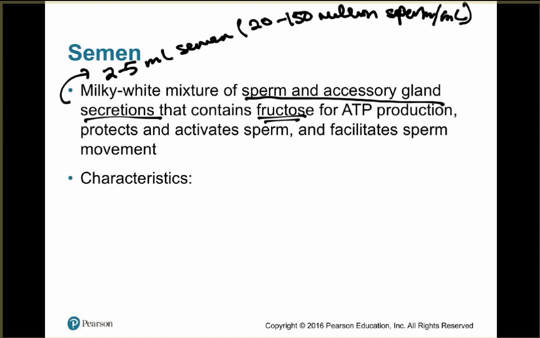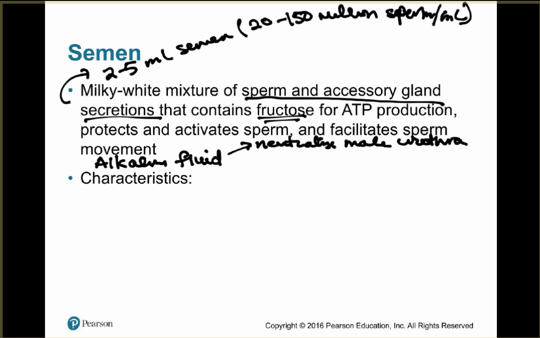And this stuff is basically an alkaline fluid. Remember that you have a couple of glands working together to make it that way. And that does two things. It's going to neutralize the urethra in males, right? Remember, males use the urethra for the release of urine in combination with the release of sperm, so there's some urine left over there.